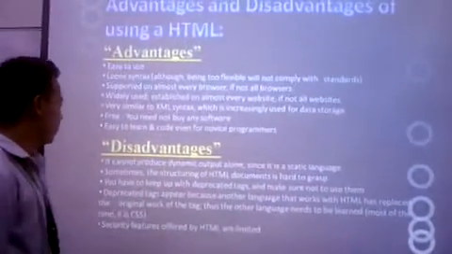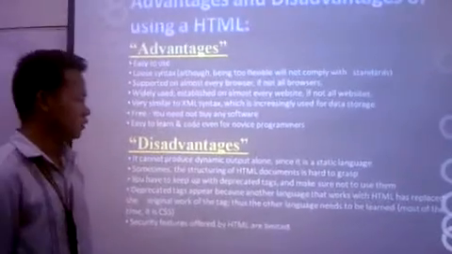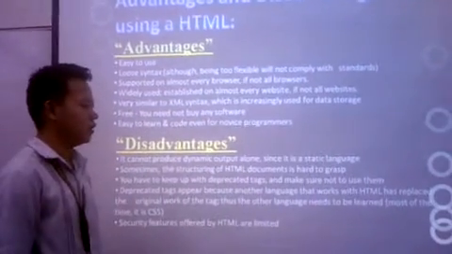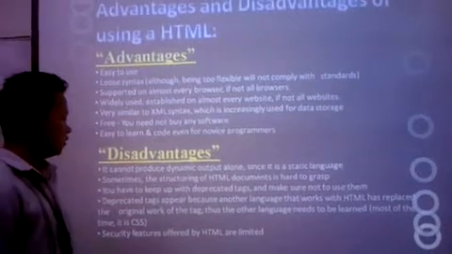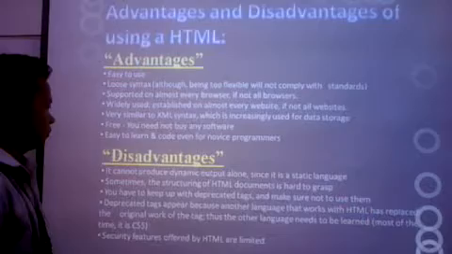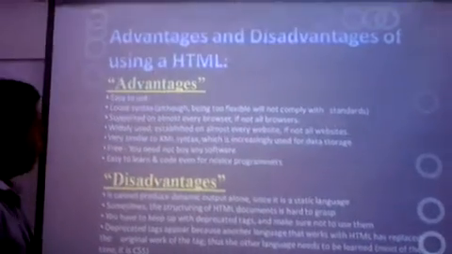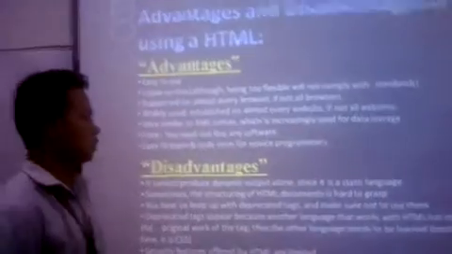And the disadvantages of HTML: it cannot produce dynamic output alone since it is a static language. Sometimes the structuring of HTML documents is hard to grasp. You have to keep up with duplicated tags and make sure not to use them.